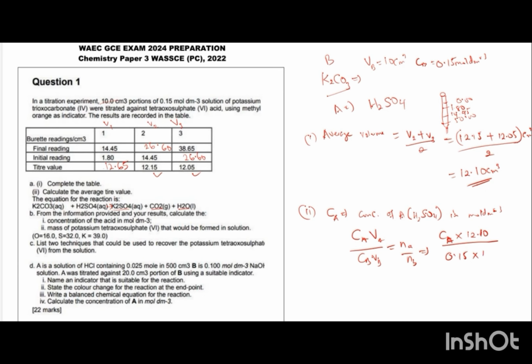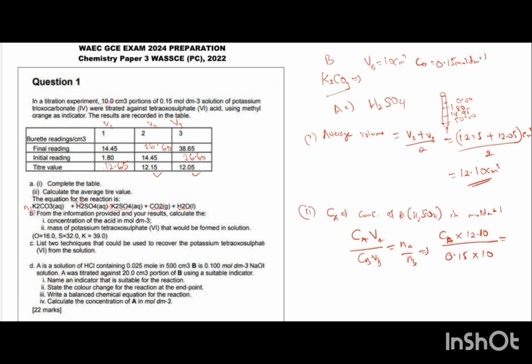So Na is very, very crucial. Look at A. I told you that A is acid, which is H2SO4, and B is base. So the mole ratio here is what we call Nb for the base and Na for the acid. The ratio of K2CO3 and H2SO4 is 1:1. Look at it, they are balanced 1:1. K2SO4, CO2 is coming out, then H2O.